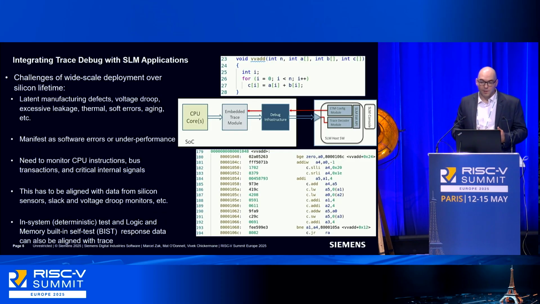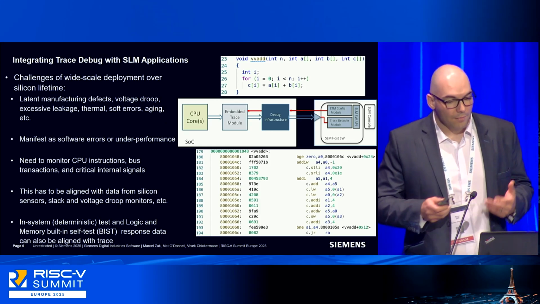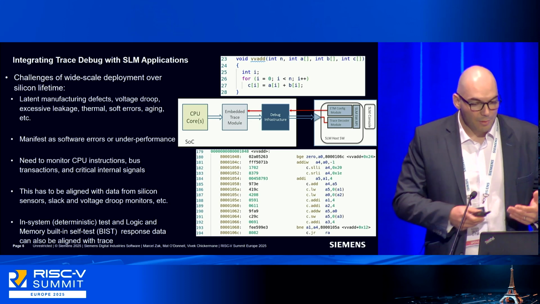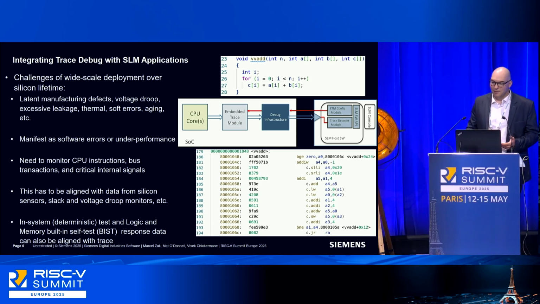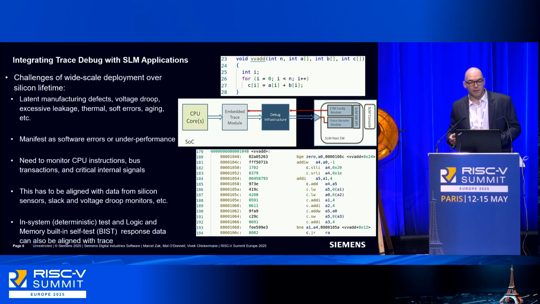Trace also plays a crucial role in silicon lifecycle management. As chips are deployed in the field, over the lifetime of their usage, there can be many problems that aren't immediately visible. Silicon problems like latent manufacturing defects, IR drops, thermal effects, and aging affect the functional behavior. These often manifest as mysterious software errors, underperformance, or silent data corruption that's particularly hard to diagnose.